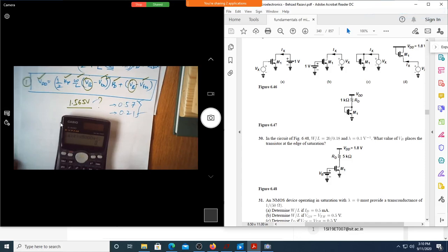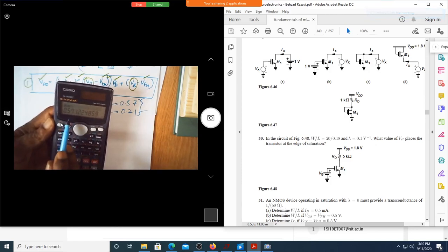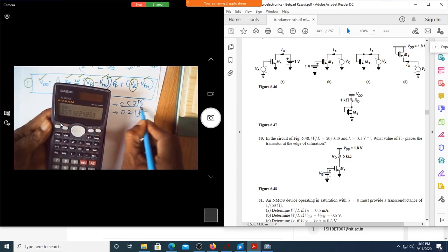What is this VB? VB is again alpha A minus 0.4, shift cal. Okay, one of the possible values is 0.57, correct? 0.571 is one of the possible values.